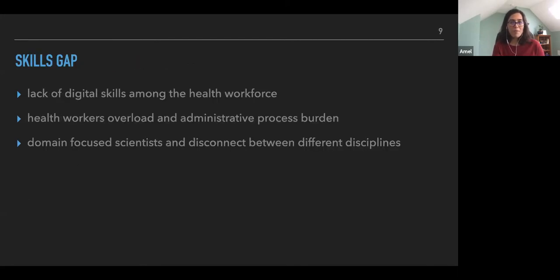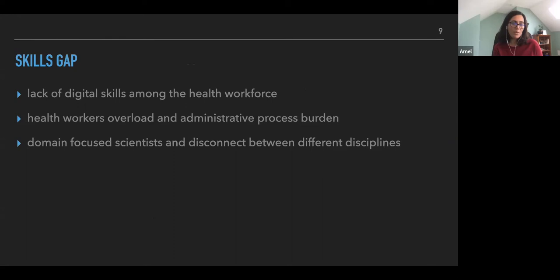This geographic digital divide does also lead to a skills gap. And there's definitely a lack of digital skills, especially among the health workforce. And the health workers are in general overloaded and have a quite heavy administrative process they need to go through.